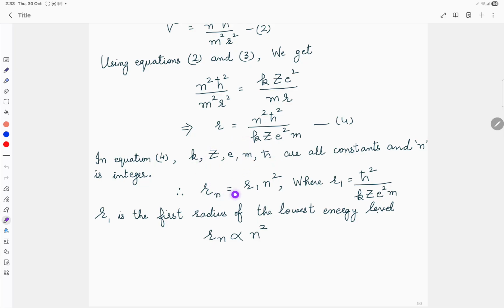So therefore the radius is equal to r1 n square. So what is r1? r1 is what we are substituting for h cross square and all the constant terms. So therefore the radius r1 is the radius of the first, the lowest energy level. So therefore rn is proportional to n square. That means n is the number of the orbit.